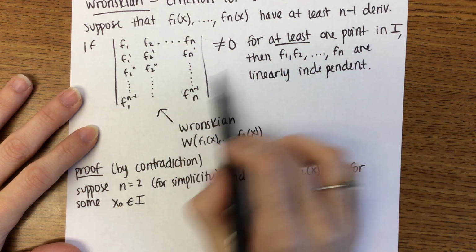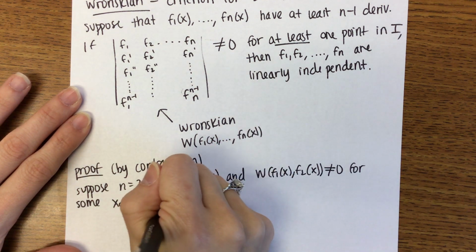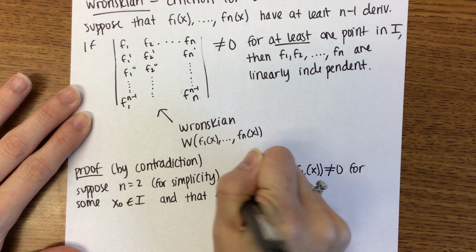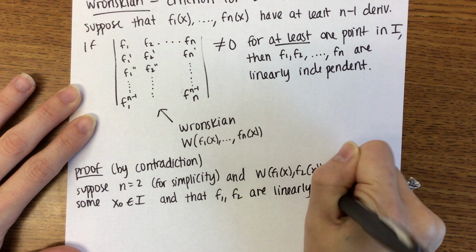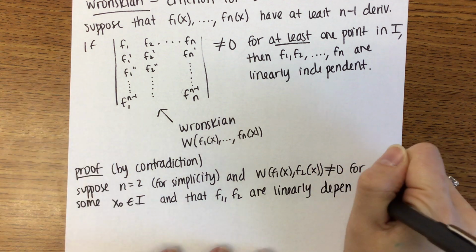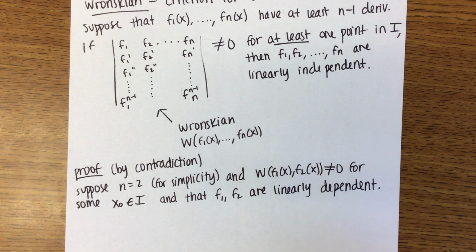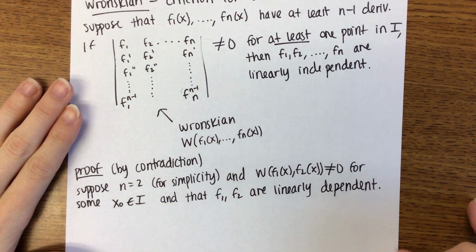So we're assuming all this stuff. Now here's where we're changing it. We're going to do the opposite, and that f1 and f2 are linearly dependent. Again, this is the way that a proof by contradiction works. What we have to now prove is that this is impossible. It's impossible for our Wronskian not to equal 0 and for the functions to be linearly dependent.